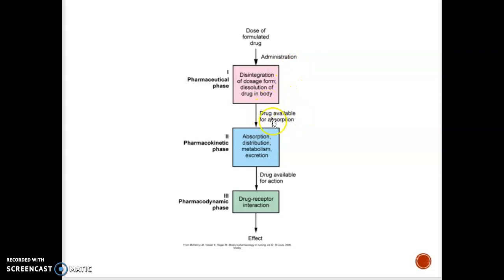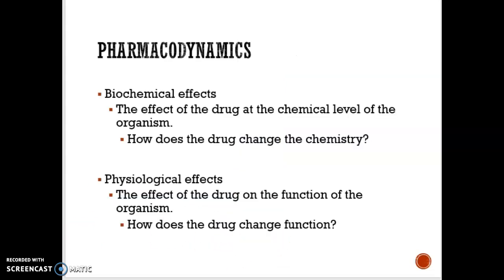Then we have the drug available for absorption. This is then our pharmacokinetic phase, which deals with the absorption, the distribution, the metabolism, and the excretion of the drug, which renders the drug available. This is the pharmacodynamic stage, where the drug receptor interaction occurs, leading ultimately to an effect. So let's break this down a little bit further.